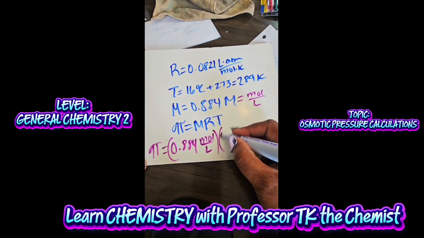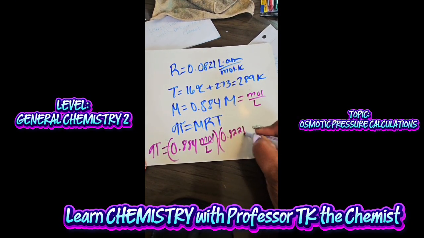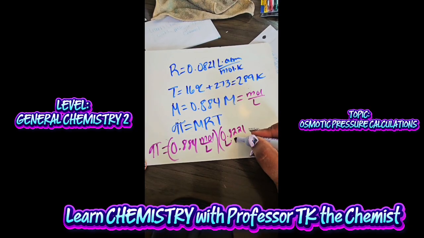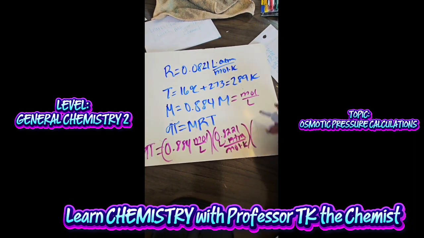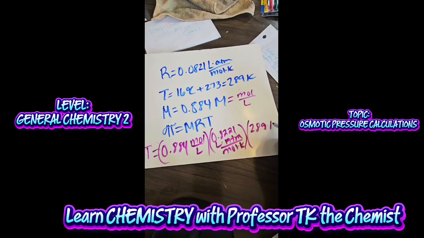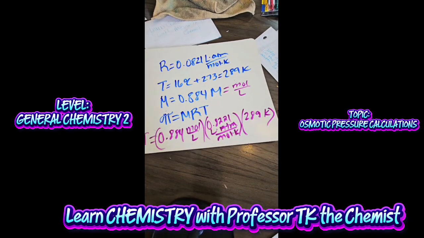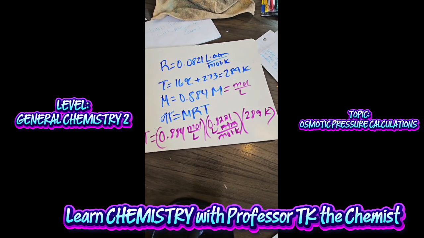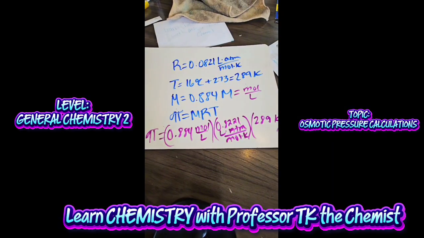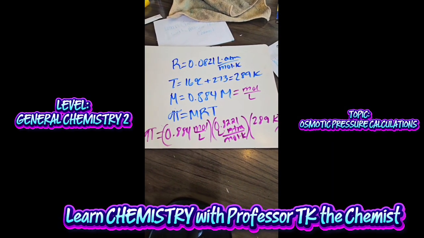My R, 0.8221 liters atm per mole Kelvin. And then my T for temperature, 289 Kelvin. I was trying to write it all out so that you guys can see that. Any questions so far?